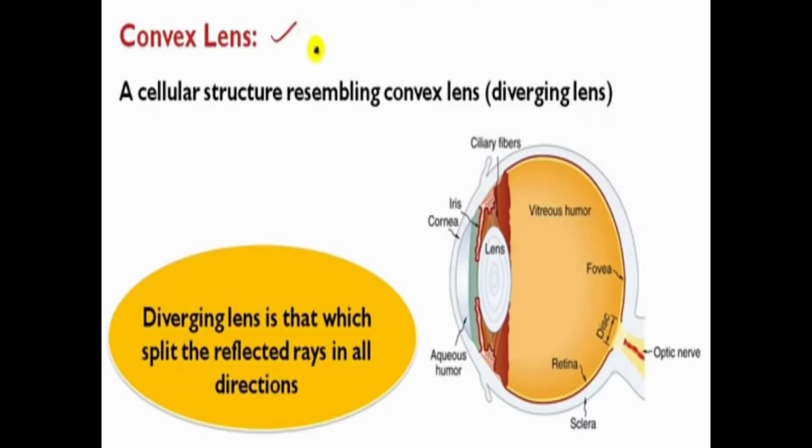Now comes the convex lens. Convex lens is a cellular structure resembling the convex lens. As we can see here, the lens which is present generally represents the convex lens. A diverging lens is one which splits the reflected rays in all directions.